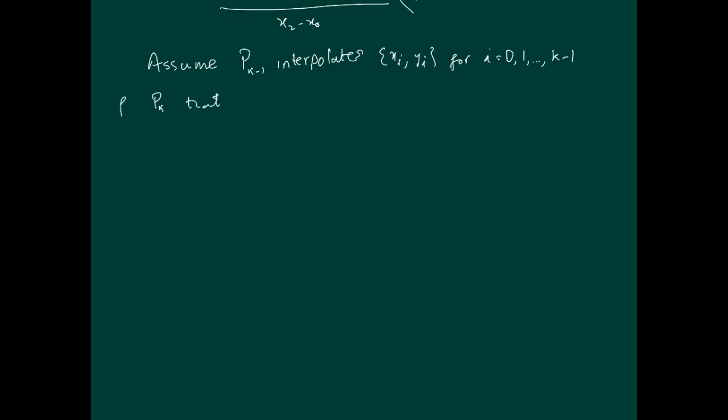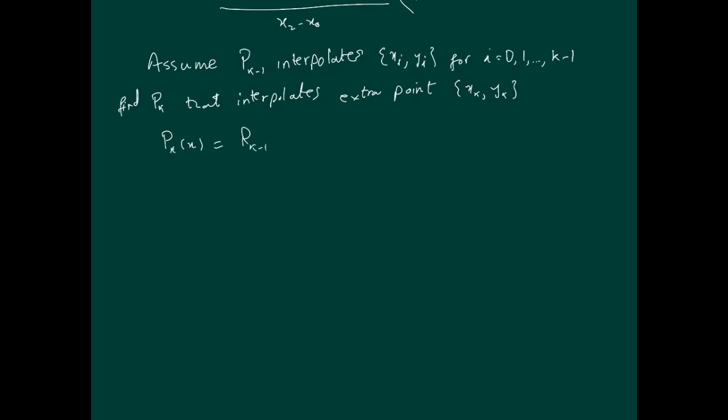Okay, so what we want is that this extra point xk, yk, should be added on to give us the pk interpolate.